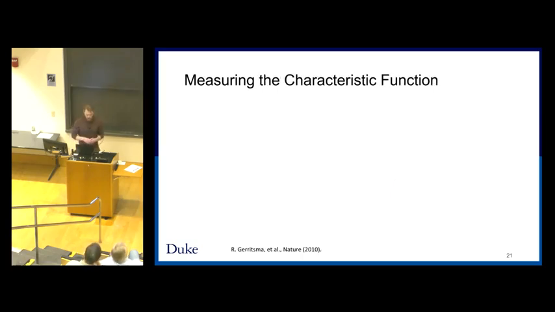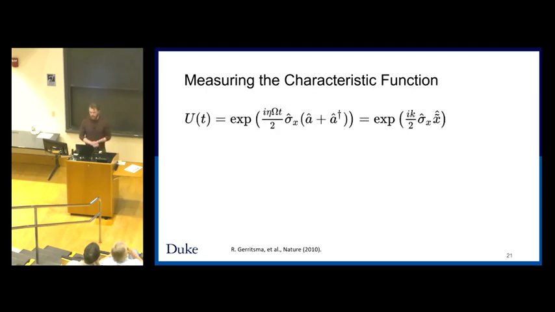In this particular case, we can use the fact that we don't actually need the momentum distribution, so we don't need the full density operator or the full Wigner distribution. We just care about the spatial distribution. And so what we're going to do is try to measure the characteristic function of the spatial distribution. It turns out if you have an extra ion that's uncoupled to the motion, it's pretty easy to do this.